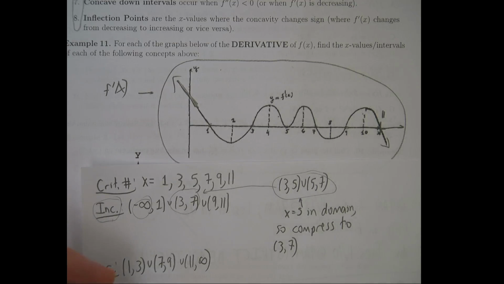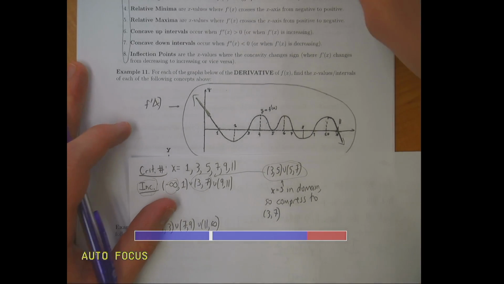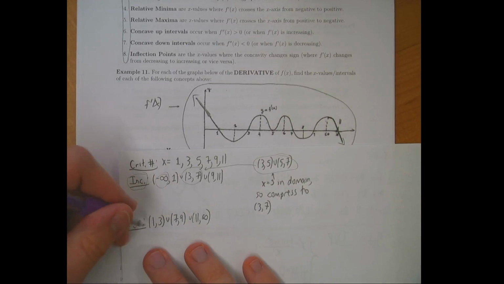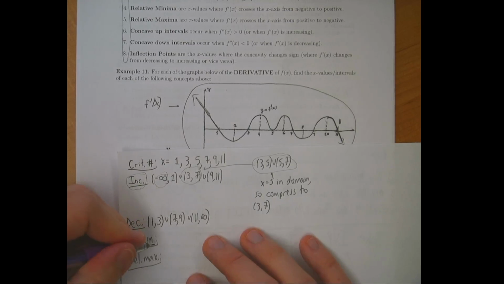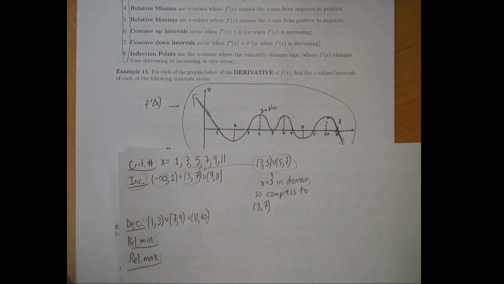Now the next thing we focus on is the relative mins and maxes. In this case, you're not given any information about the graph of f of x, no data points, so the best you can do is say I just need the x values.